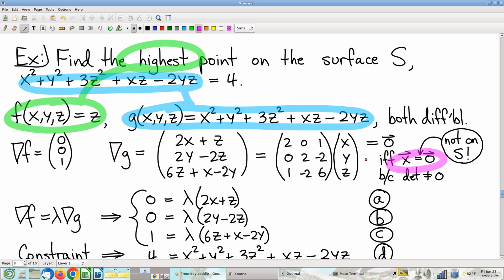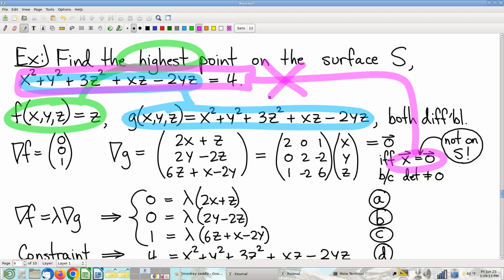And this point right here is not on our domain. It's not on our constraint set. So I don't need to eliminate this point. It wasn't a candidate in the first place. So we're not going to label this as a critical point because it's not on our constraint set.